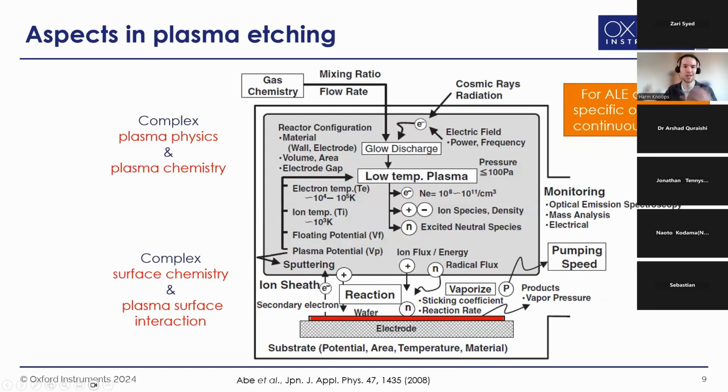And then maybe it's good to say lots of stuff can happen. So this is from literature for continuous etching. And you can look at things like electron temperature, power, frequency, flow, pressure, stuff happening in the gas phase, plasma physics, plasma chemistry, things happening at the surfaces, plasma surface interaction, and also things like residence times of species.